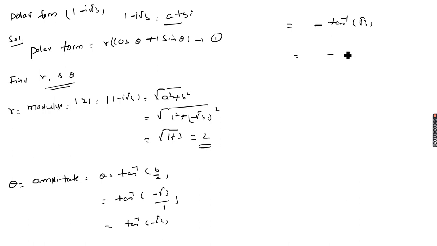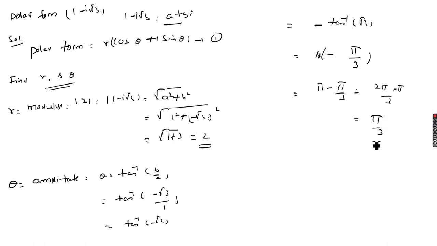If we have a minus, this is tan 60. Tan 60 is nothing but pi by 3, and the minus sign is included. So this is minus pi by 3. So we get pi minus pi by 3, that is 2 pi minus pi by 3.